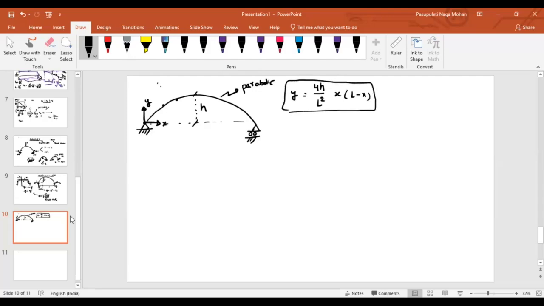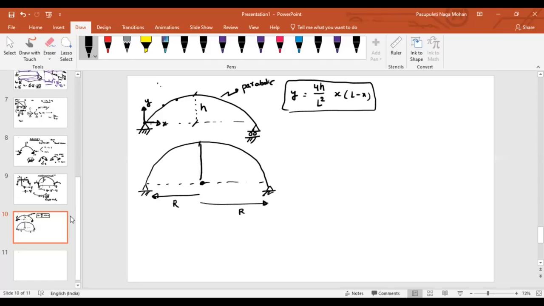This is from one of the supports, X and Y. What about if it is circular? Even though it's not exactly circular, please imagine that it is circular, just for my help. If it is circular, whatever this represents, radius, whatever this represents, radius.